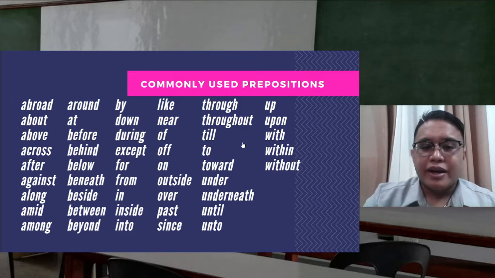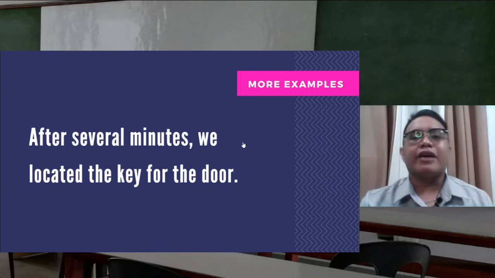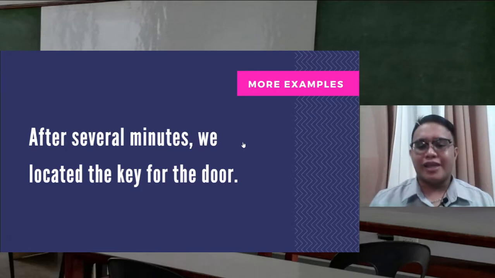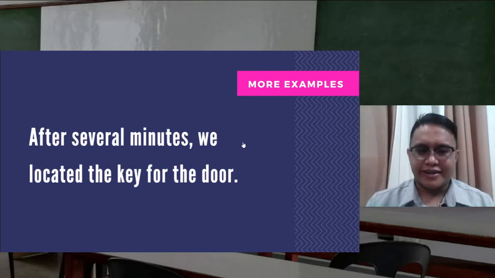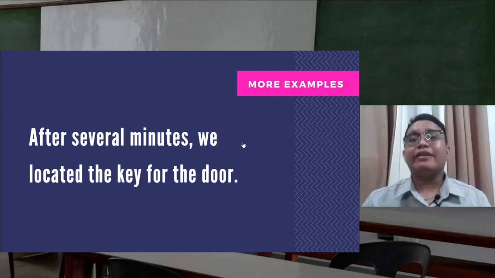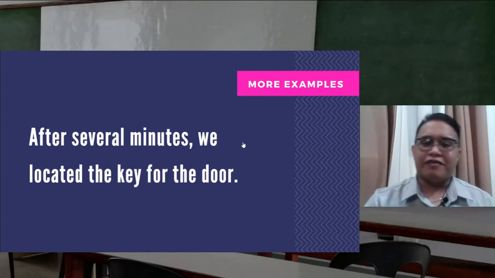Okay? Here we have more examples. After several minutes, we located the key for the door. Now let me ask you, what are the prepositions in this sentence? What are they? The prepositions are after and for. Very good.